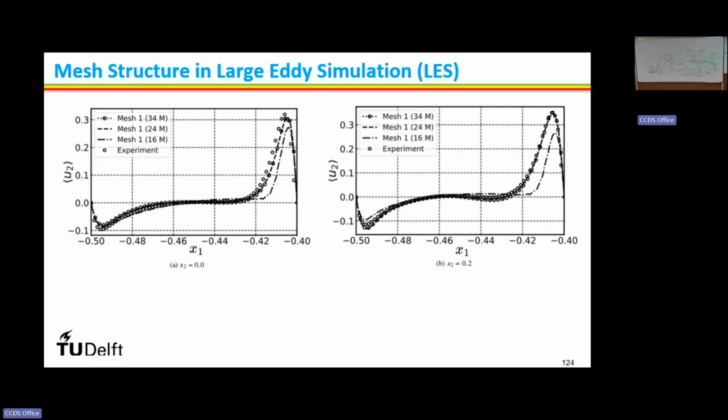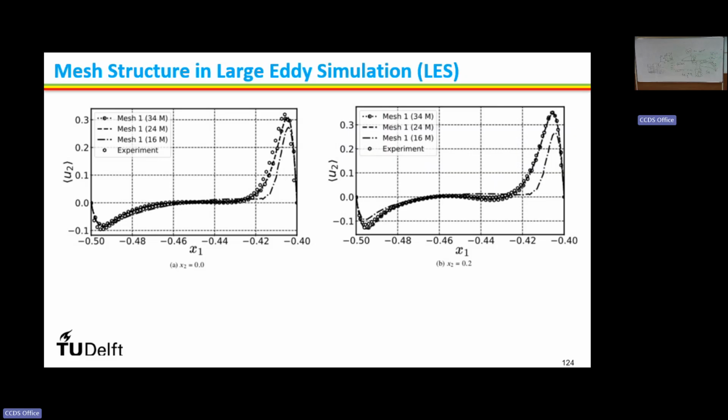So now we did computation with mesh structures of 3 different sizes, right? One is 16 million, one is 24 million, one is 34 million. We found the 16 million mesh somehow underestimates the experimental result. We did not find a good match.